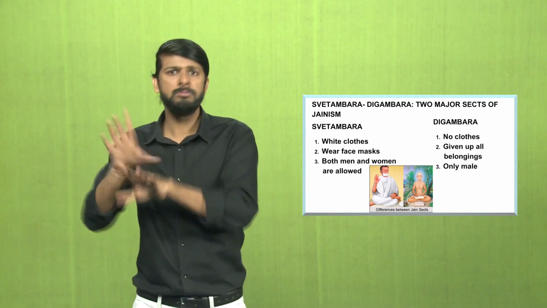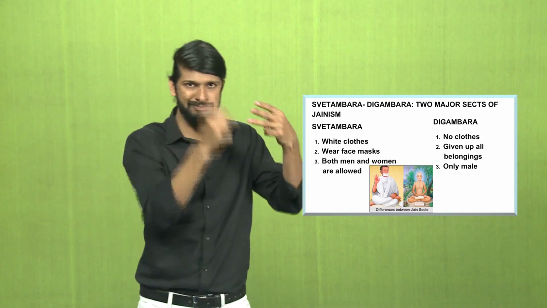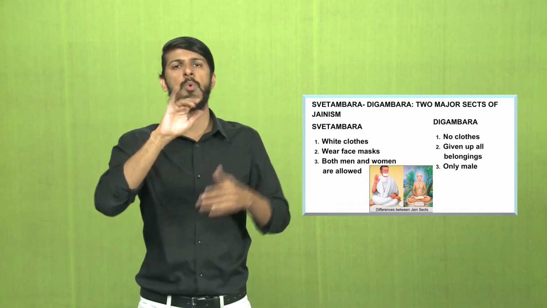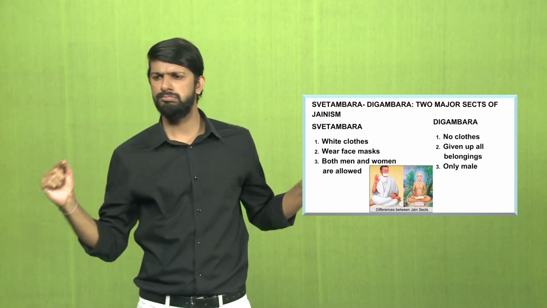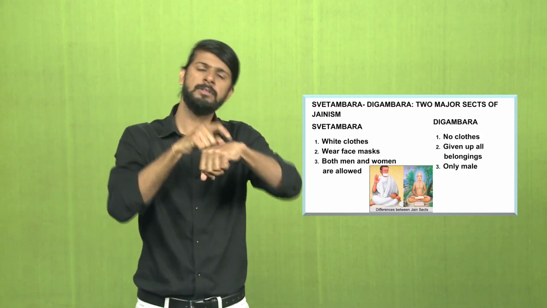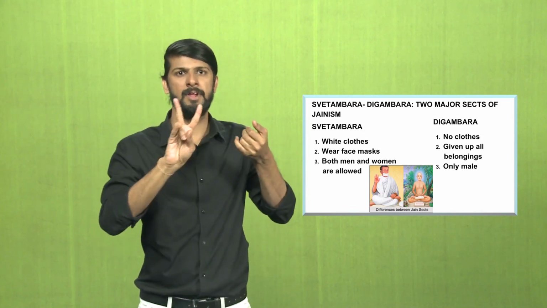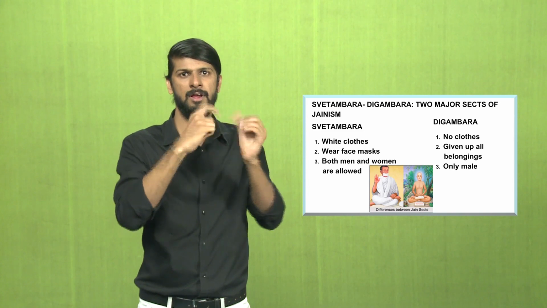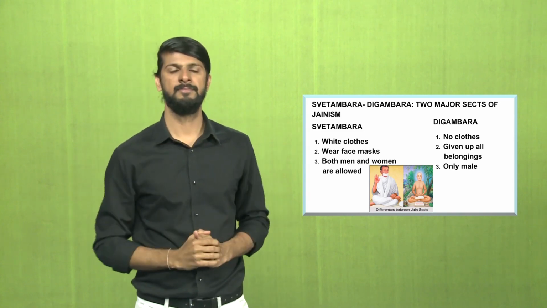And lastly, this group consists only of males. These are the two major sects of Jainism. The path is different, but the goal or the purpose is the same, though the path and the principles are different.